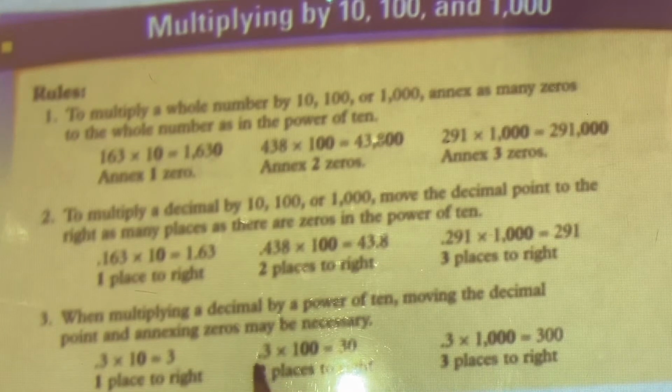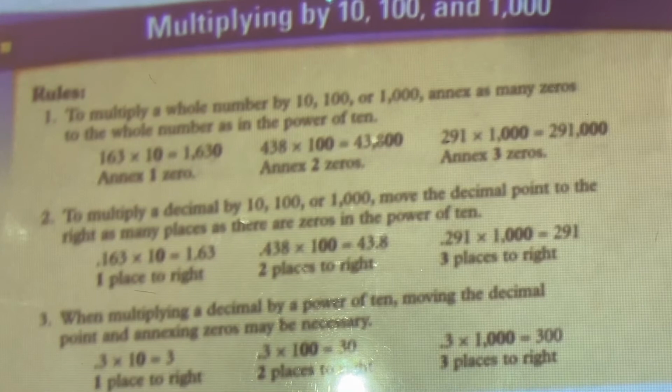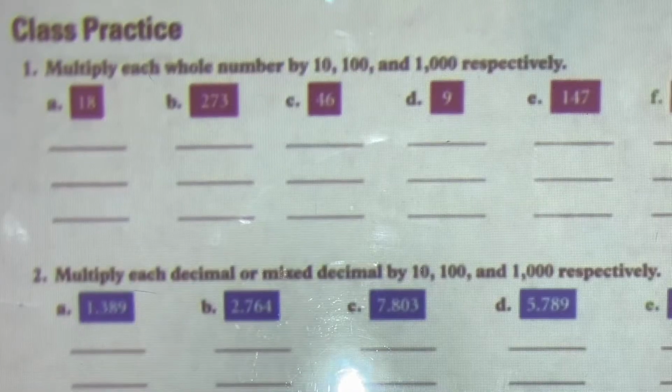The next one, 0.3 times 100, we move the decimal point 2 places to the right, and that makes the number 30. 0.3 times 1,000, we move the decimal point 3 places to the right, and that makes the number 300. So this is pretty easy, I think. So let's go over and do a few exercises with some practice.